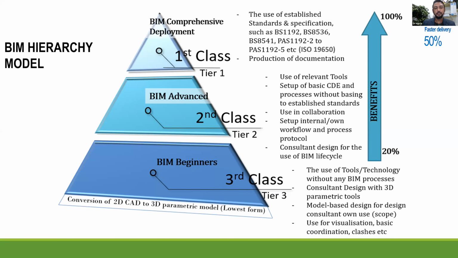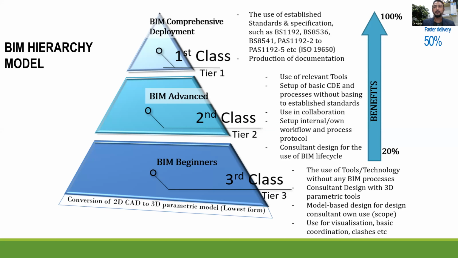You already have to have some knowledge about BIM, because it shows here that if you implement BIM just for the purpose of getting the 3D model, you won't get much benefit. You need to have the right process and you need to have the right standards.